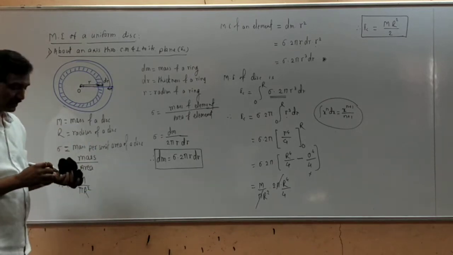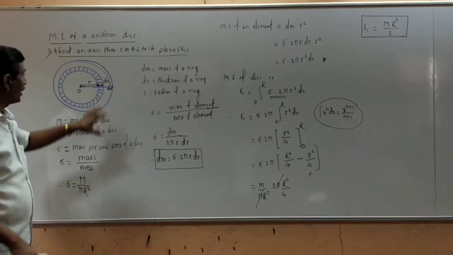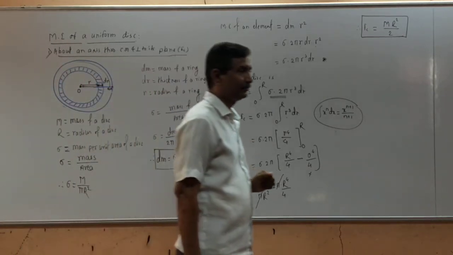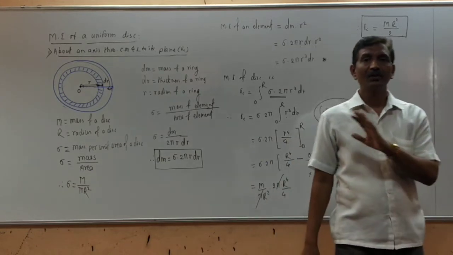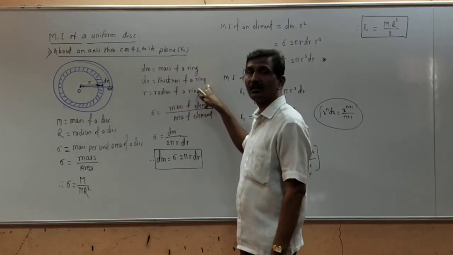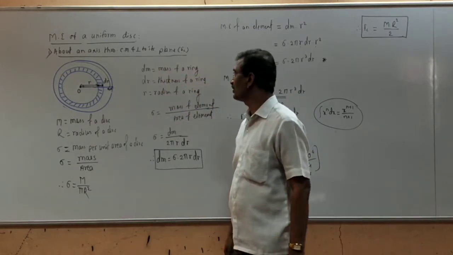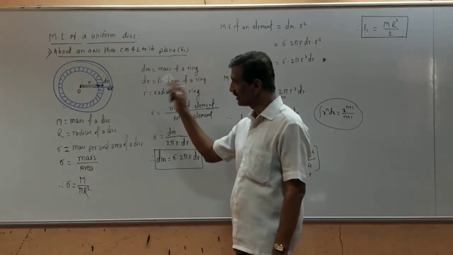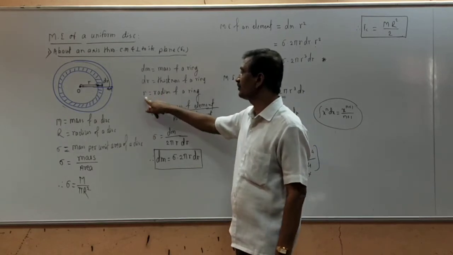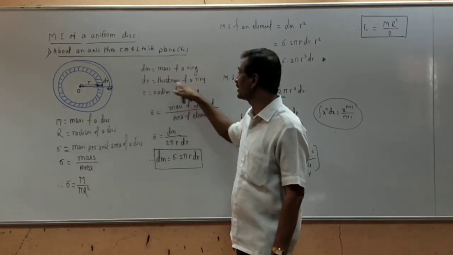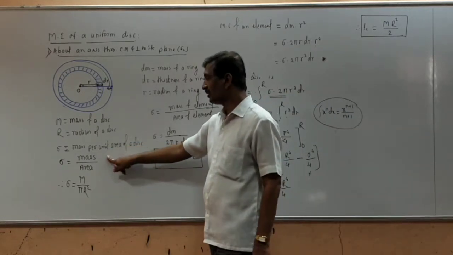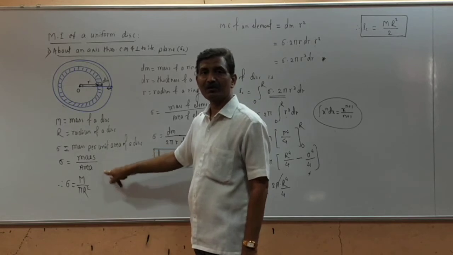See again the important steps. Assume that the disc is made up of a large number of concentric rings. The thickness of all the rings is the same. We use the symbol dr for the thickness of each ring, and dm is the mass of the ring. For our convenience, we consider only one ring of mass dm, and its distance from the center is small r, its thickness is dr. Sigma is the mass density, means it is mass per unit area.